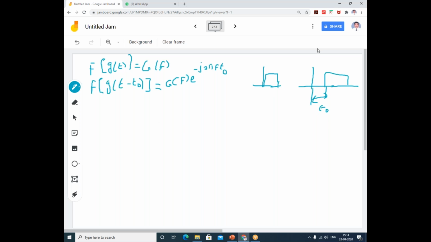So any function or waveform that is shifted towards right by a certain value is represented as a time shifted sequence. So if we know the Fourier transform of g of t, which is g of f, the Fourier transform of g of t minus t naught is g of f into e power minus j2 pi f t naught. This t naught is the value by which it is shifted in the time domain.